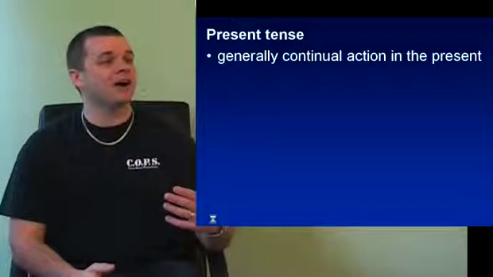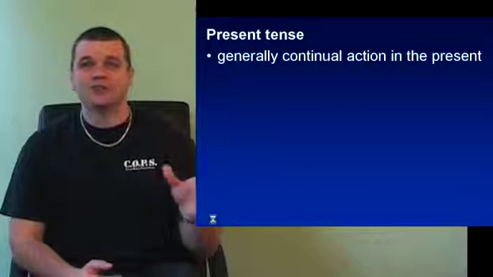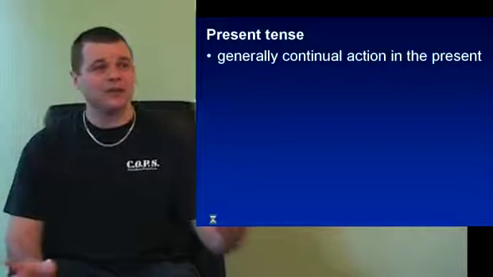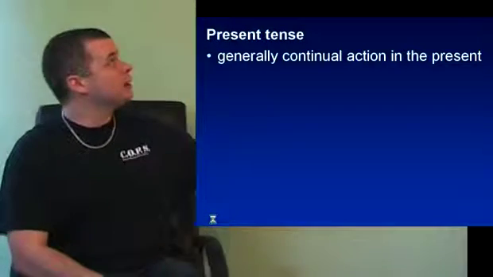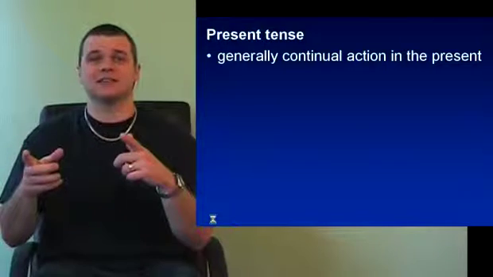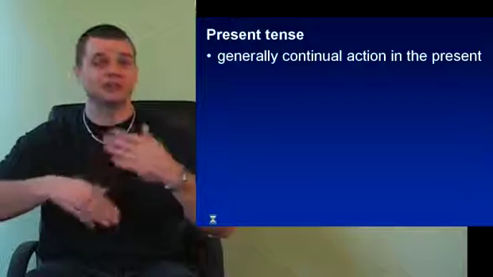So what we've got to understand as we approach these verbs is that the timing is not as important as the aspect. So if you've learnt French or another language, you might find this a bit confusing, because when you hear present tense, you think that means it happens right now in the present. What I want you to start thinking today is when you hear present tense, start thinking, it's probably a continuous action.